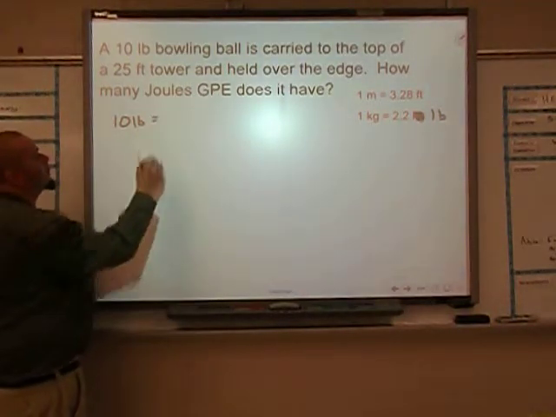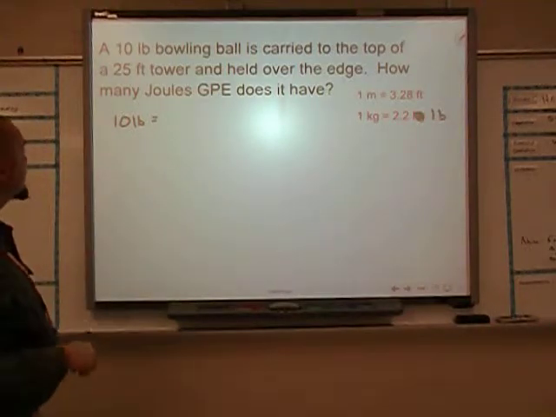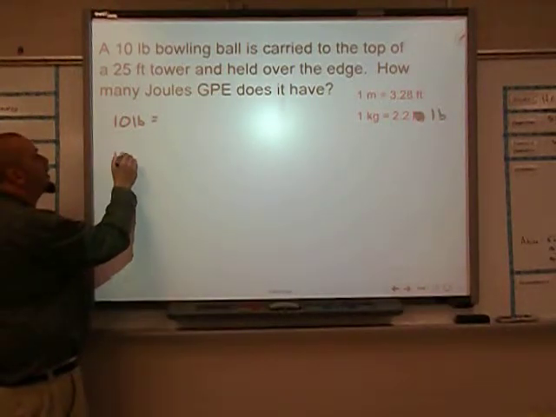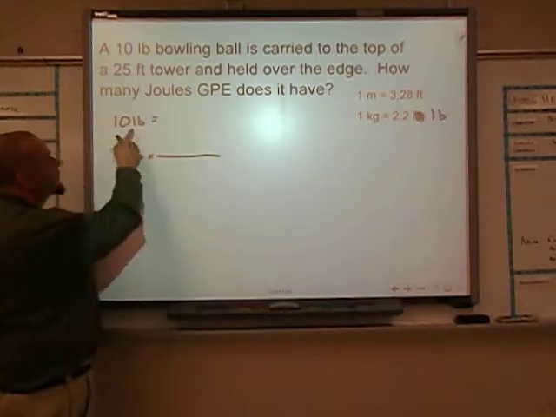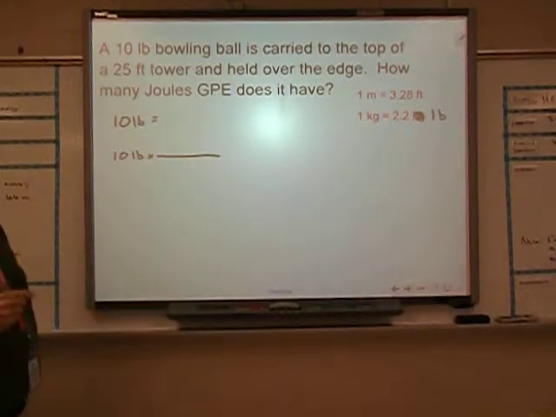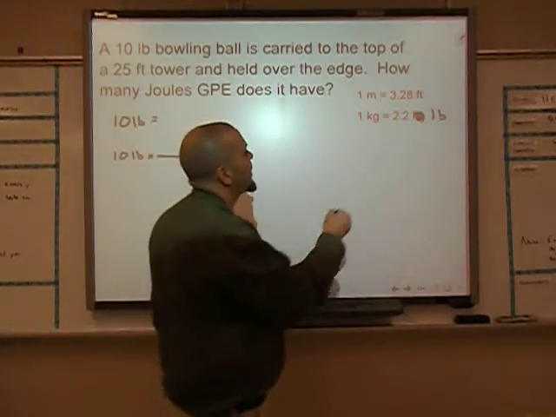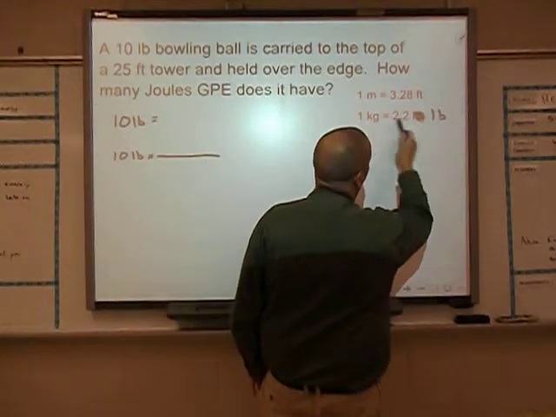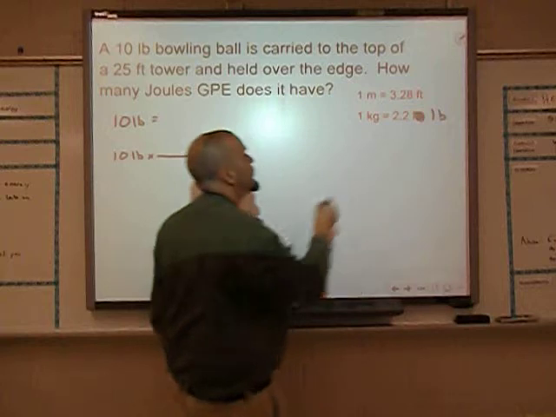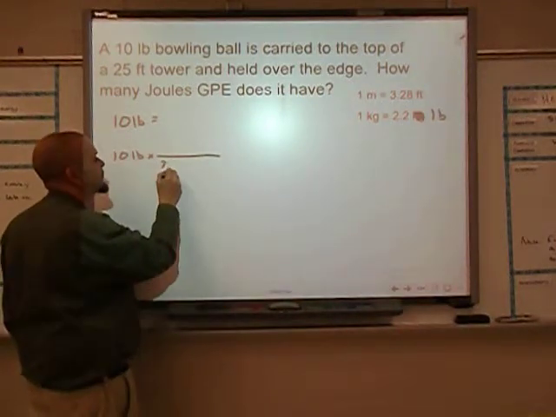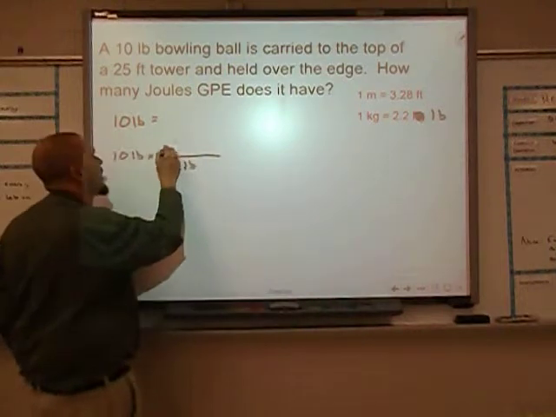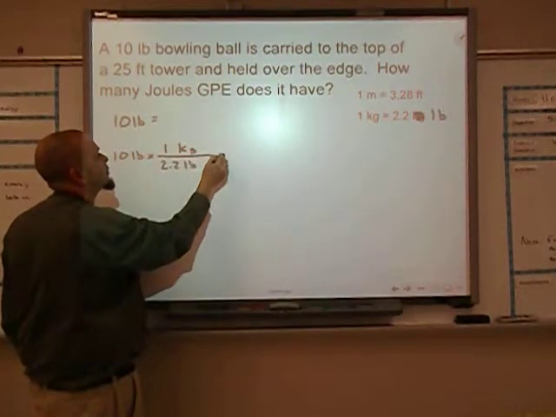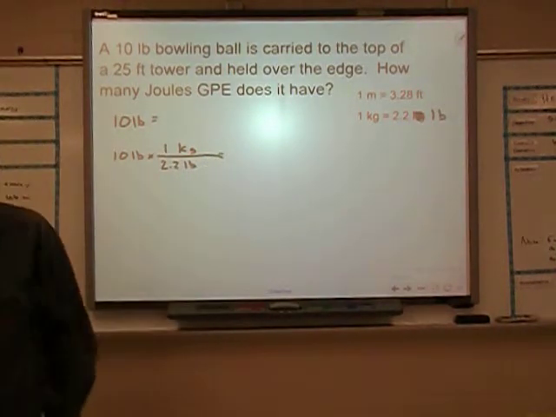We can't just move a decimal point around this time because it involves an English unit. We actually have to do the math. Again, we start with the number that we're given, 10 pounds, times a fraction bar. We take the pounds out of our equivalents, that would be the 2.2, and we take the kilograms and put it on top. What we're doing is looking to see where the 2.2 ends up.